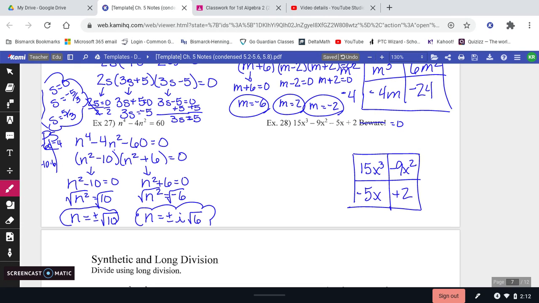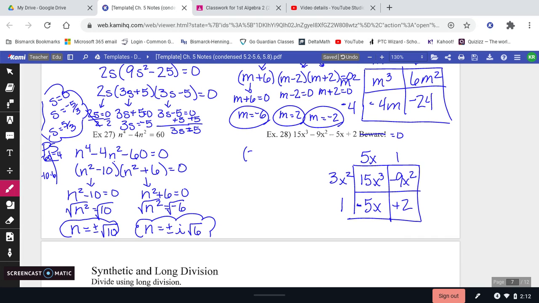So factor out, I'm going to go a 3x squared here. Well, I have a negative 5x and a 2. Nothing, they don't share anything. That's going to be a 1. Down this first column is a 5x. And second column, they don't share anything. It's going to be a 1.